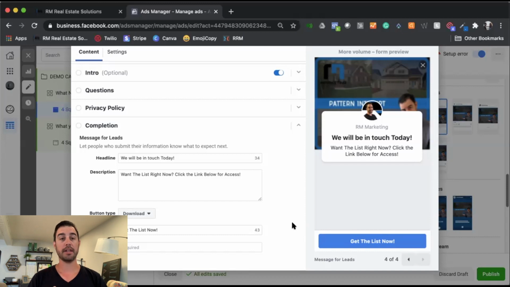What we like to do is set up a chatbot that will deliver that lead magnet right away. The reason that we do that is now we've got the lead, which we can set up in a Google form or in your CRM or in our CRM. More on that to come. And then you can also chat with them inside Facebook. So now you've got the lead in multiple places.